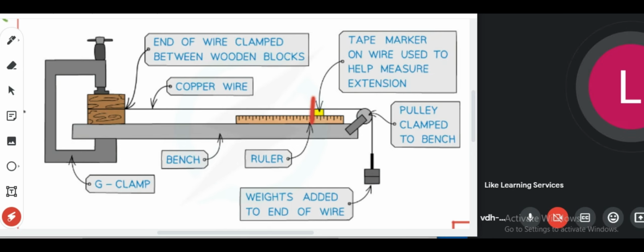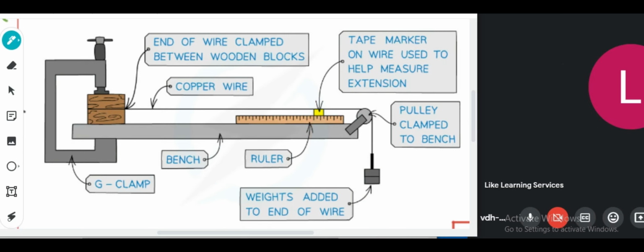This was the original position before any weight was suspended. Now when you suspend a weight and it is stretched, the tape marker will move because it is being elongated. So we take the measurement of the change in length between the original position of the tape marker and the new position after the weight is suspended.